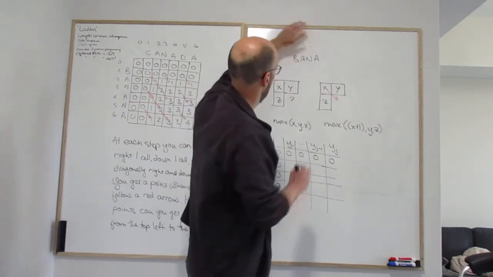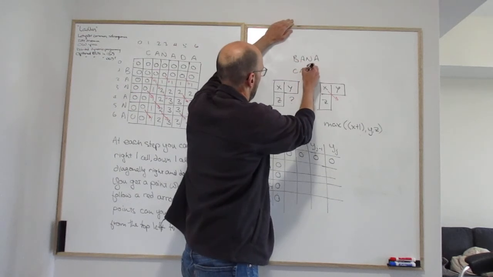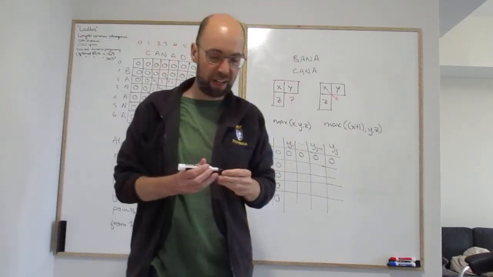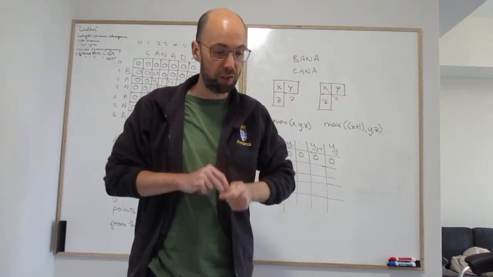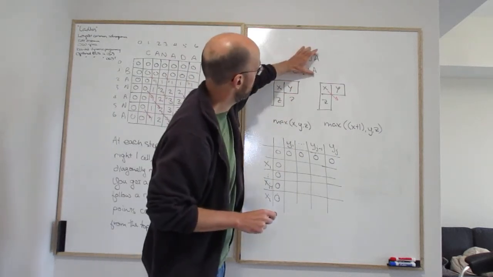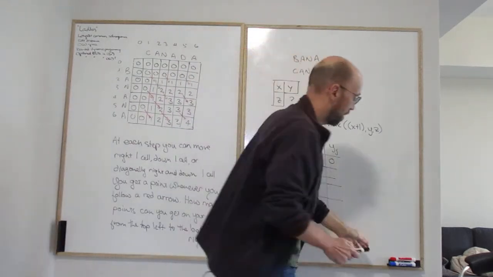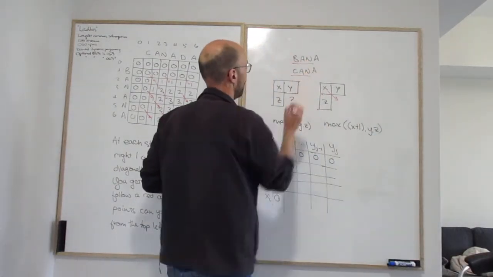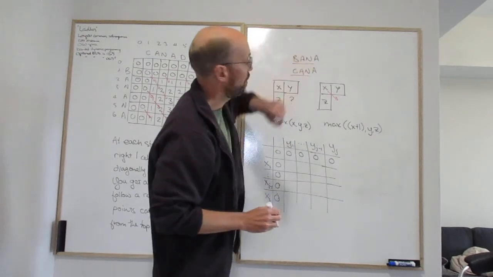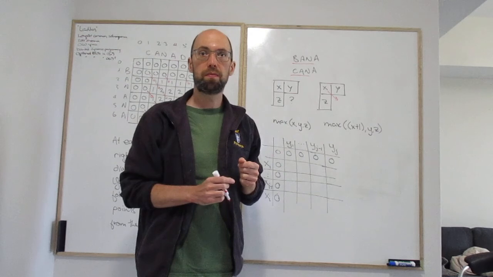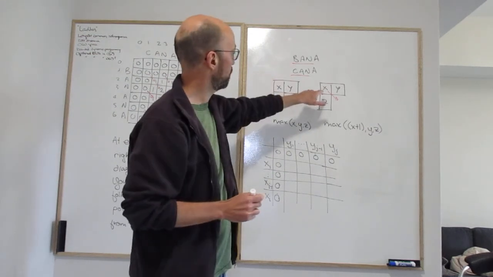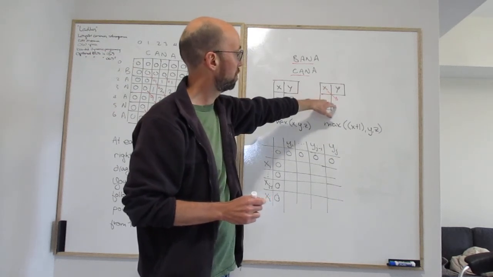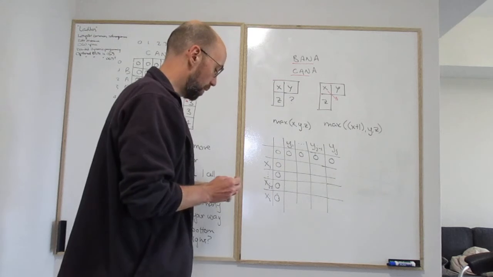Okay, so this is bana and kana. If these two letters match, then I have the option of taking the longest common subsequence of these strings, and then I add 1, right? So if these two letters match, then I have a red arrow here, and I have the option of taking this and adding 1.